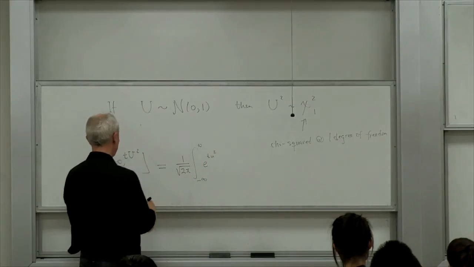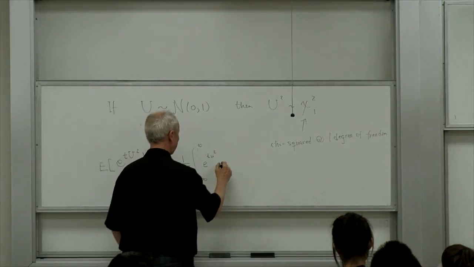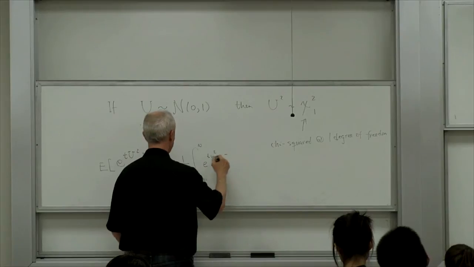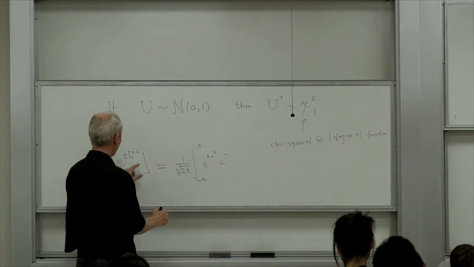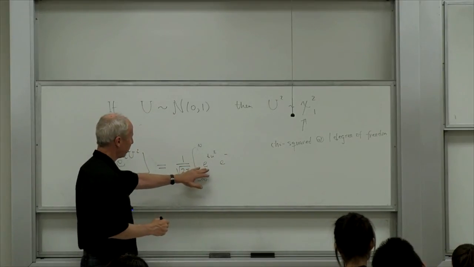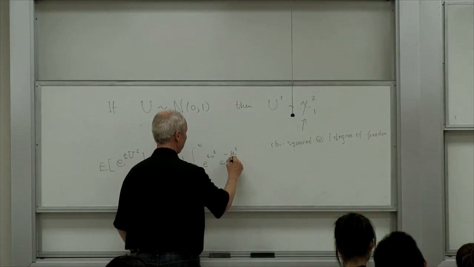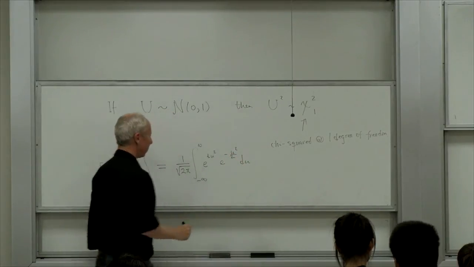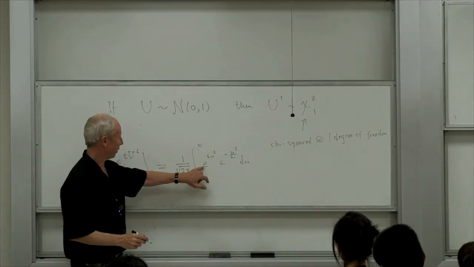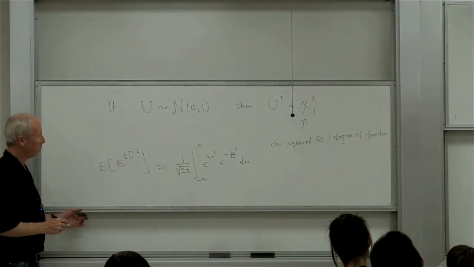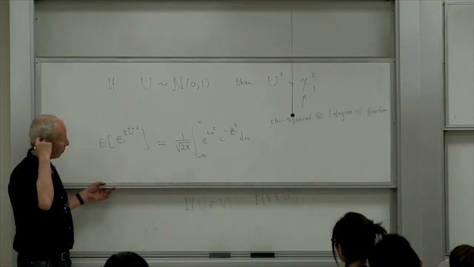So here's our function e to the t u squared. I'm using the density of u. So this is a function of normal random variables. So I evaluate that function at little u, and then multiply by the density. Okay, the density is 1 over root 2 pi times that, and this is the function whose expectation we're evaluating.